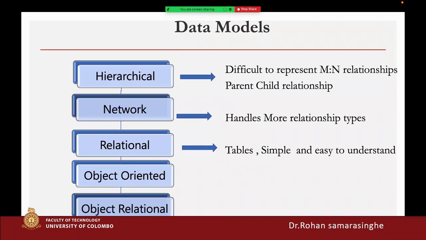A person may have a first name, a surname, date of birth, age, permanent address, and likewise different things. All these characteristics will be stored in an object. Object relational, as I explained, combines the relational and object oriented approaches.